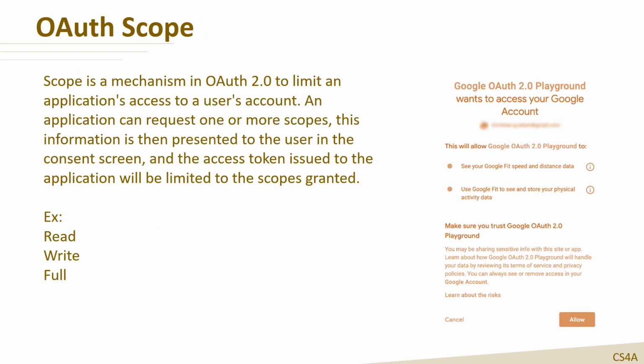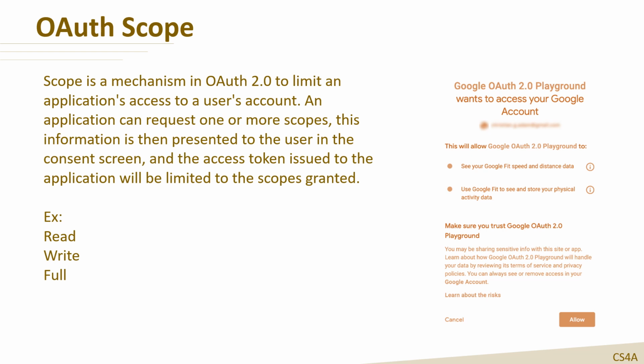So here we see the scope. As I mentioned earlier, the scope is a mechanism that limits the application's access to the user account. At the time of login, the user will have a consent page, as we see on the right-hand side. Based on that, the application might need these scopes. A scope is a kind of access permission, so we need to consent, whether we allow or cancel.